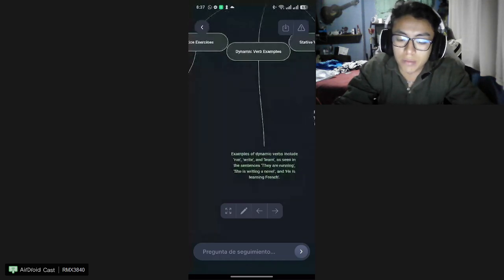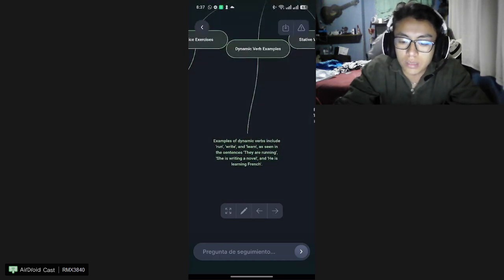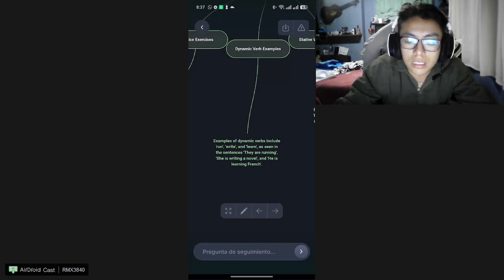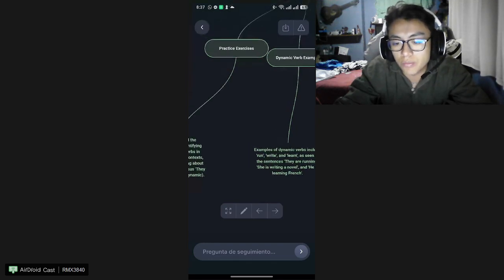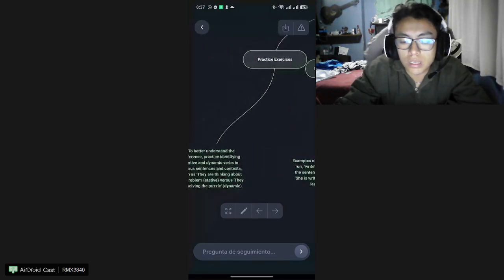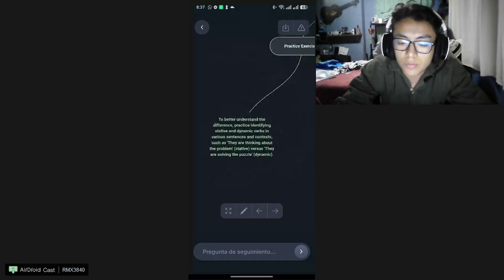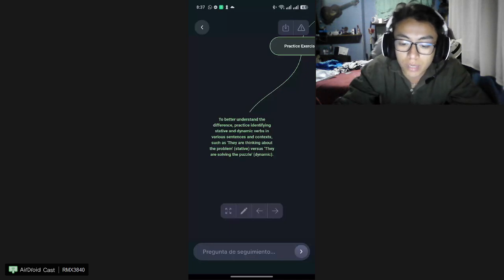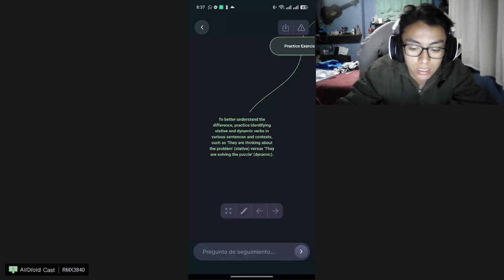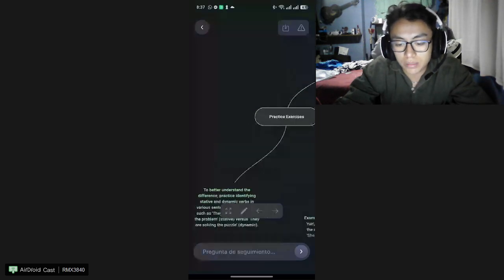Dynamic verb examples include run, write, and learn, as seen in, they are running, she is writing a novel, and he is learning French. Practice exercise: to better understand the difference, practice in various sentences and contexts, such as, they are thinking about the problem, stative, versus, they are solving the puzzles, dynamic.